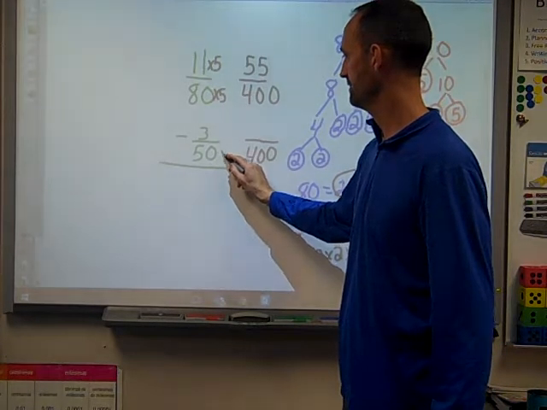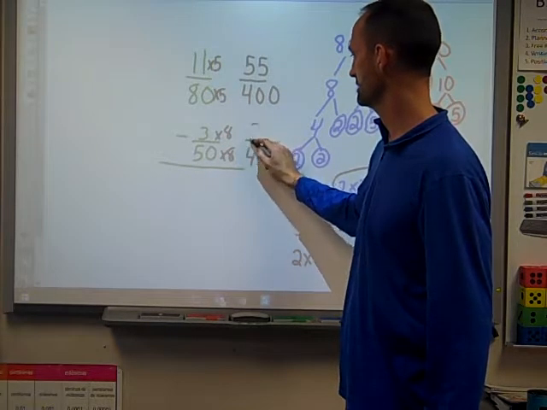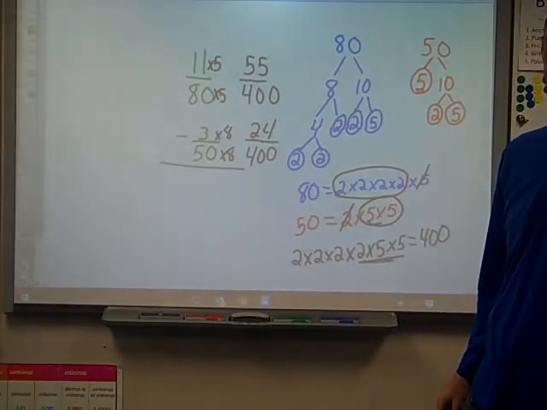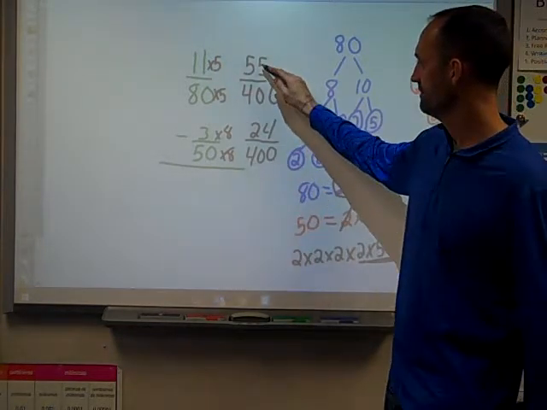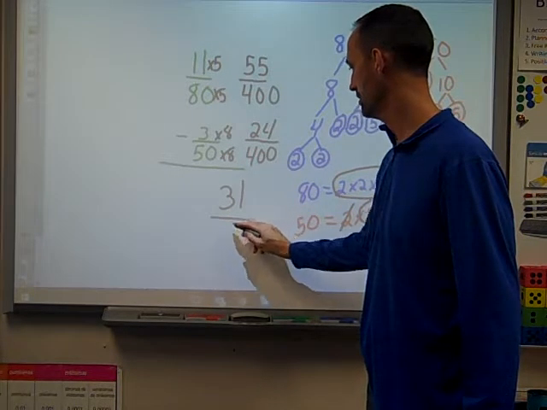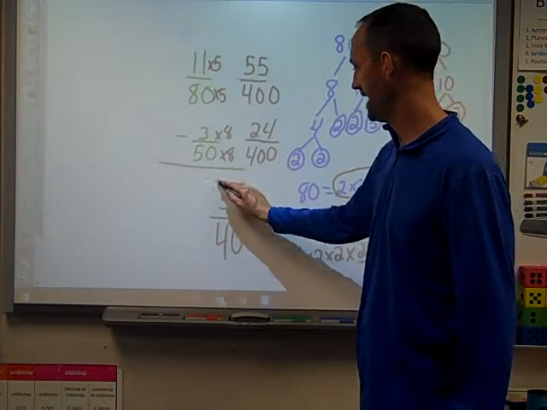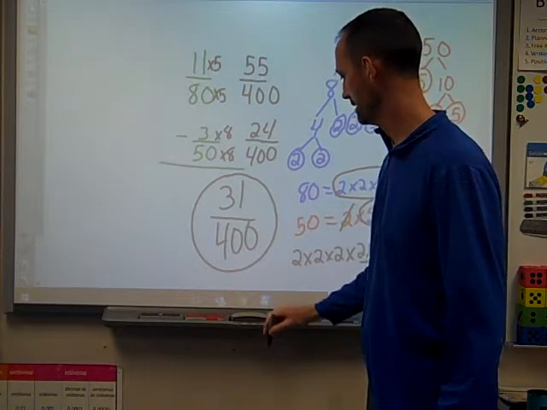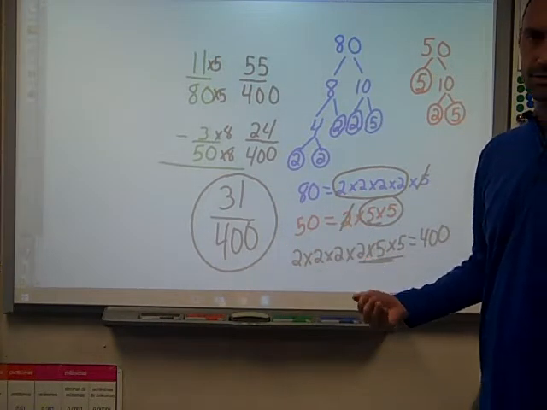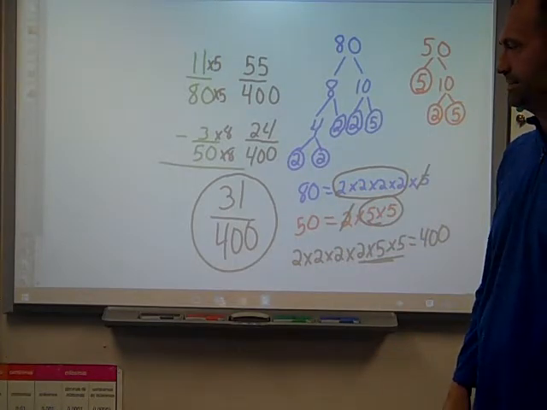So I'm going to multiply 50 times 8. And 3 times 8 is 24. Now I can subtract those two because the denominators are the same. 55 minus 24 is 31 over 400, and that cannot be reduced. That is using prime factorization to find the least common multiple.